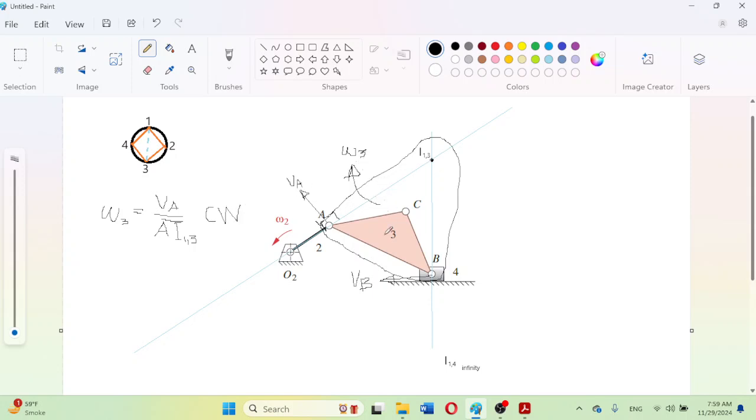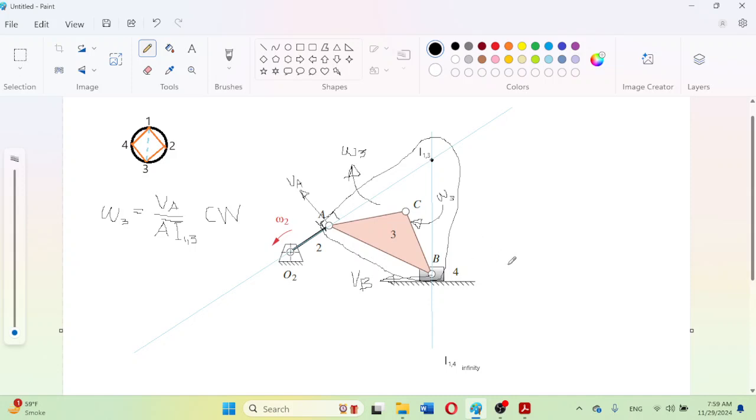So this angular velocity will also follow the same orientation because this is the same rigid or extended body. So this is also equal to omega 3.